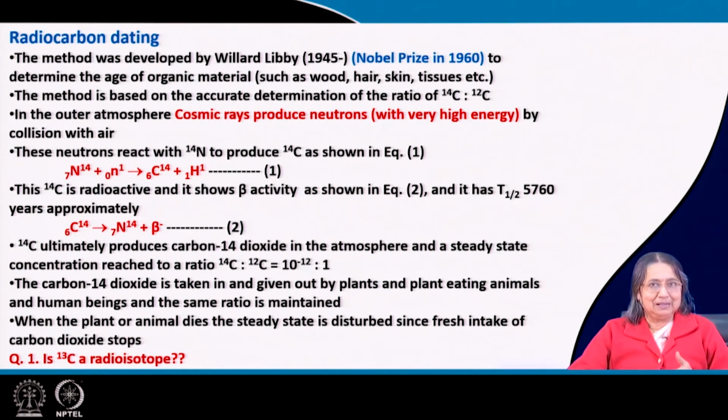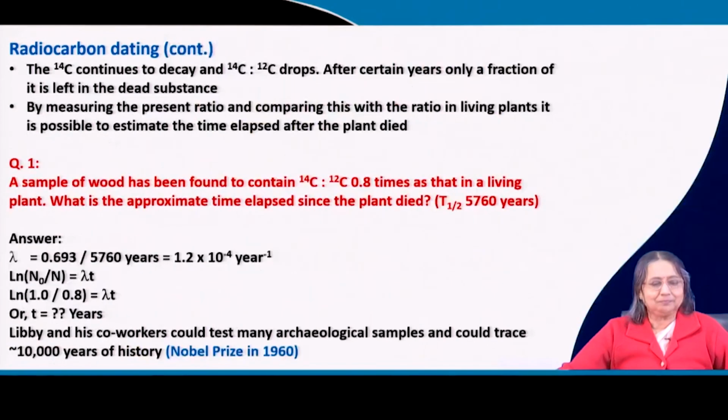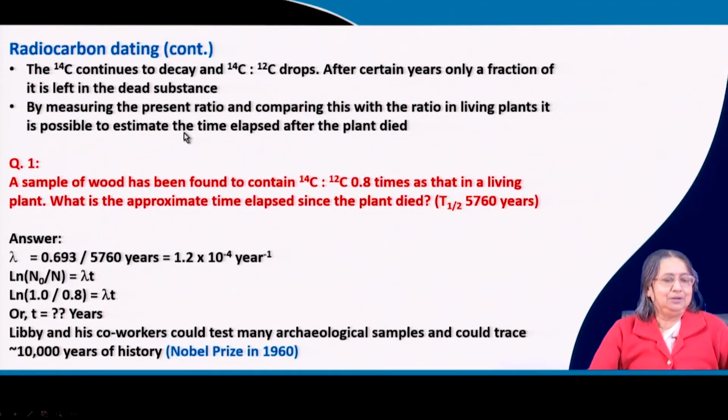In radiocarbon dating, the carbon 14 continues to decay, and the ratio of carbon 14 to carbon 12 drops, because this one is decaying and that one is not. So the ratio is changing now. It is no more 10 to the minus 12 is to 1. After certain years only a fraction of C14 is left.